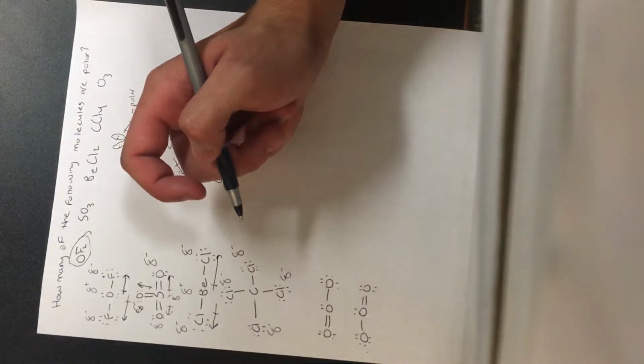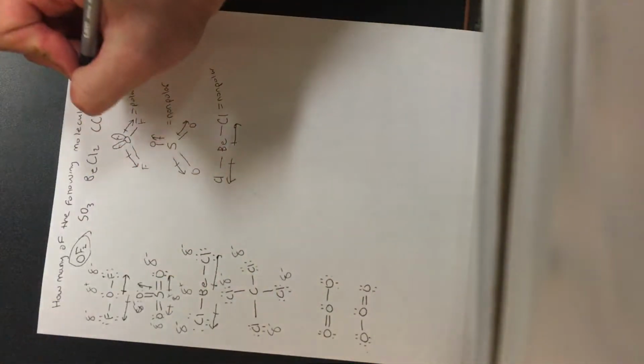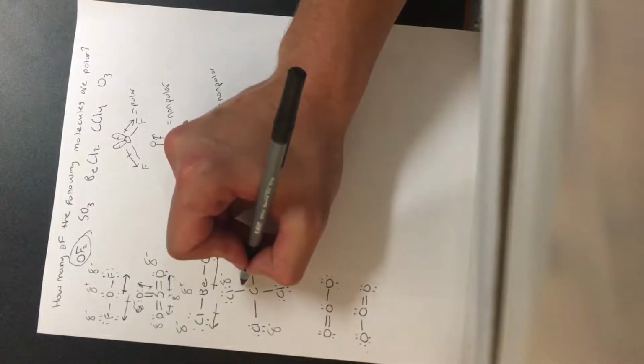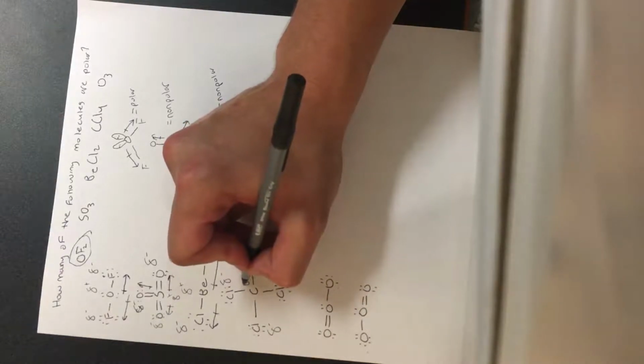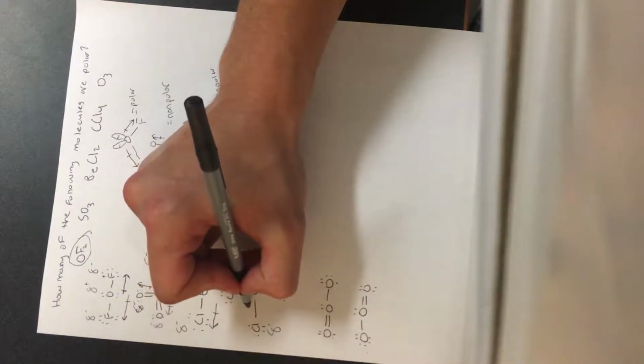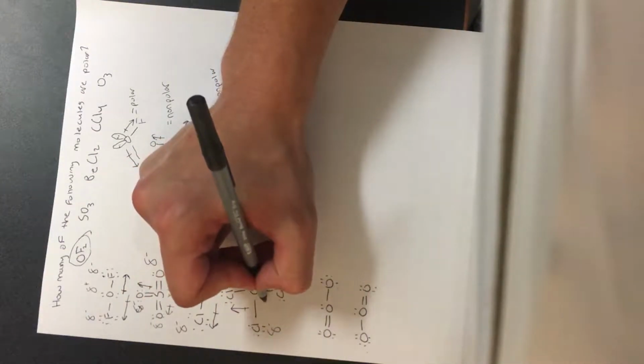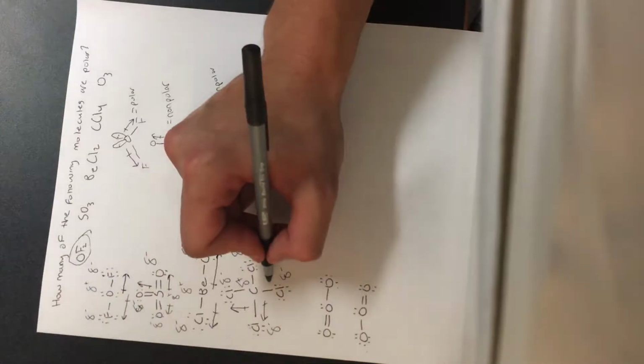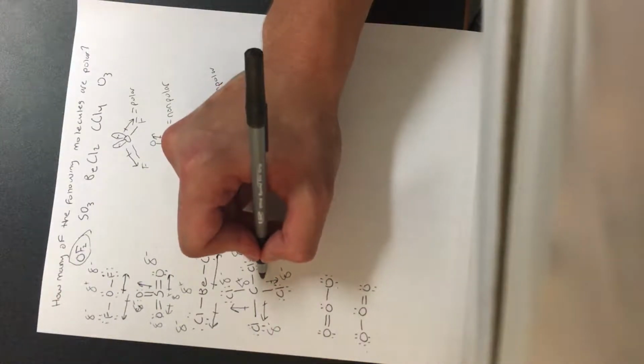And carbon, sorry for shaking the camera, carbon is going to have a slightly positive charge. Now we can draw the dipoles. So there's going to be one in this direction, one in this direction, one in this direction, and one in this direction. Okay, let's convert this to its molecular geometry form.